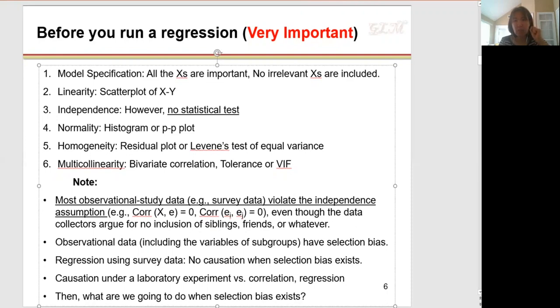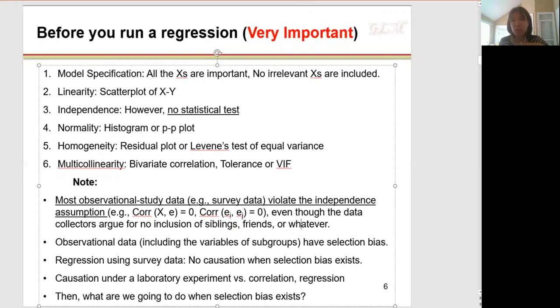So the quasi-experimental design. We are conducting a study in terms of social sciences, and we can still conduct multiple regression, but it is all about association, not causation.